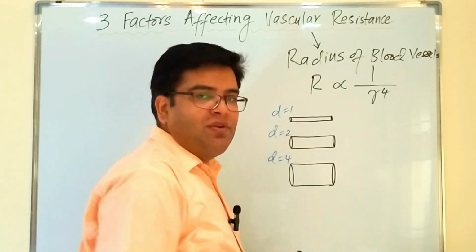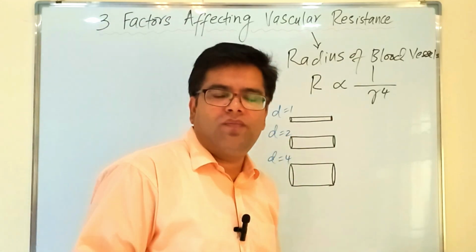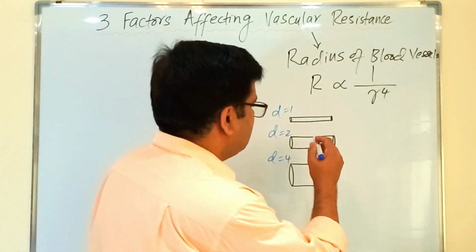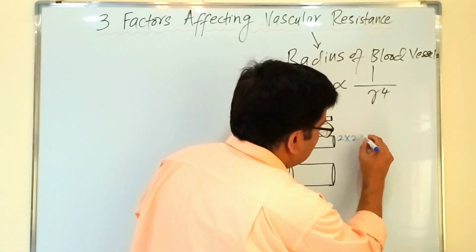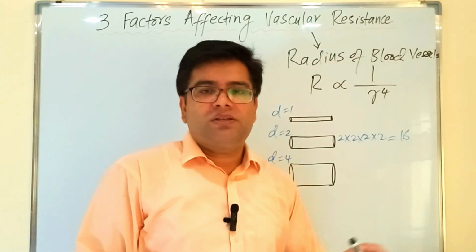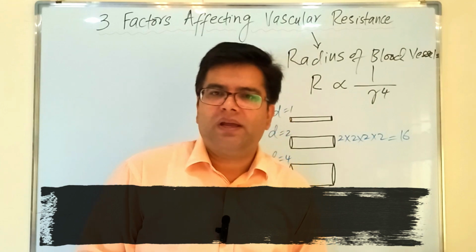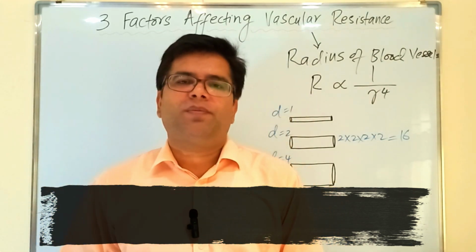When its radius doubles, according to the fourth power law, the resistance will be inversely affected. So you can see here, if the radius is doubled, 2 times 2 times 2 times 2 means 16. So the resistance will be decreased by 16 times and the blood flow will be increased by 16 times, because blood flow and resistance are inversely proportional.